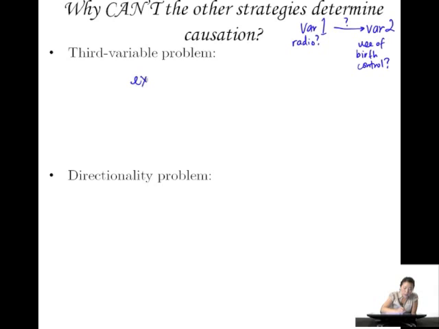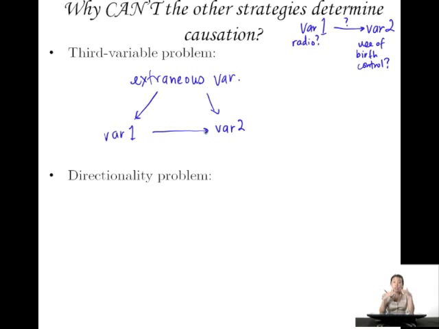This is what we call an extraneous variable, one that's outside the scope of your study. You're not looking at it in your study. So this extraneous variable might impact both variable 1 and variable 2. And so you might see variable 1 and variable 2 having a relationship together, like when one goes up, the other goes up, when one goes down, the other goes down.